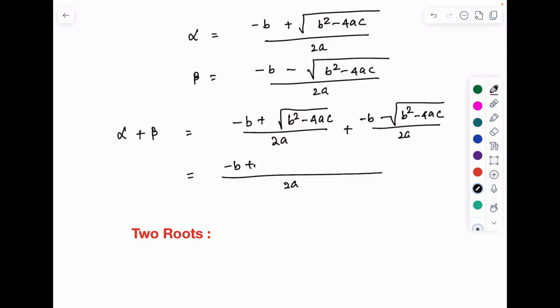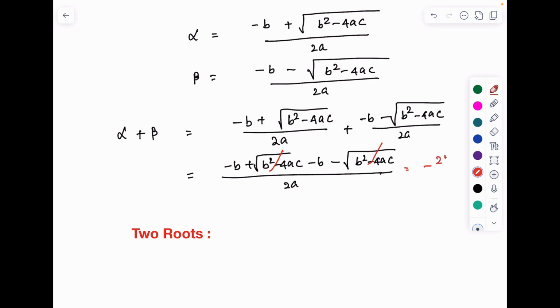Taking 2a as the LCM, we get minus b plus the square root of b square minus 4ac, minus b minus the square root of b square minus 4ac. These two terms cancel out, the same b square minus 4ac under the root.